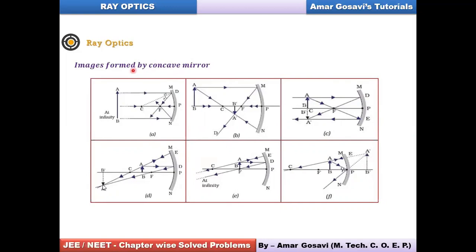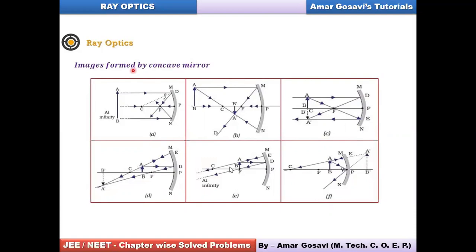So here, if the object is between the center of curvature and focus, the image is formed beyond center of curvature. And what's the size of the image? You can see it's inverted first of all. Okay, here also the image is inverted but diminished. Here the object was of smaller size and the image is larger size, so it's magnified in this case.